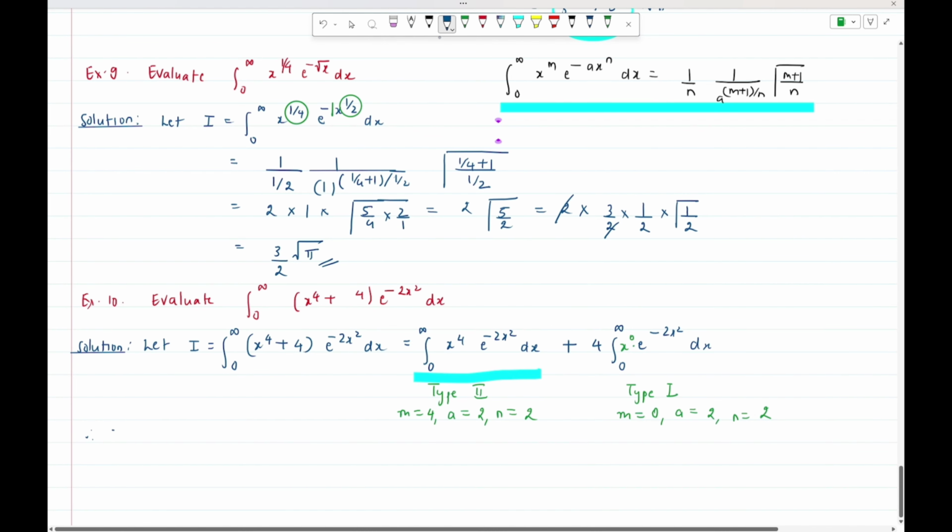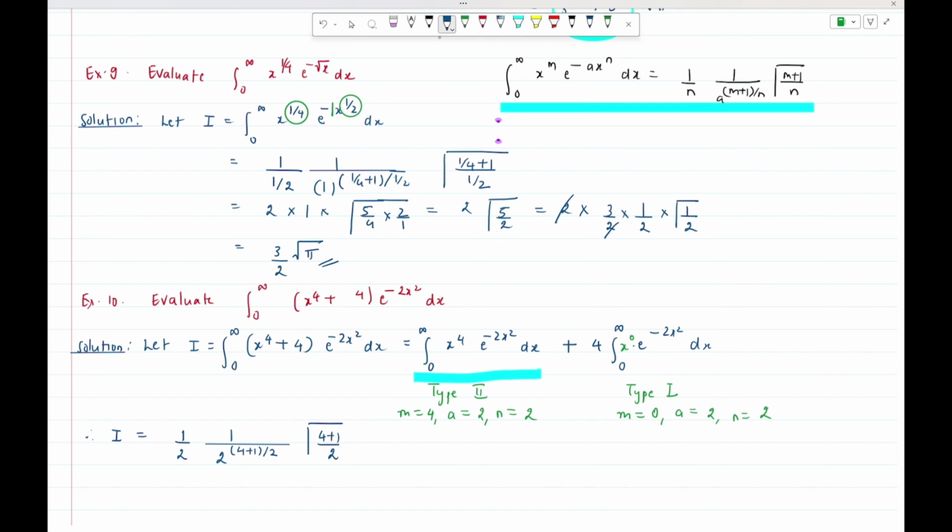So we get, therefore, I is equal to 1 over n, which is 1 over 2, and then 1 divided by a, that's 2 raised to m plus 1, which will be 4 plus 1 divided by n, which is 2, and gamma of 4 plus 1 divided by 2. Then plus 4 times.